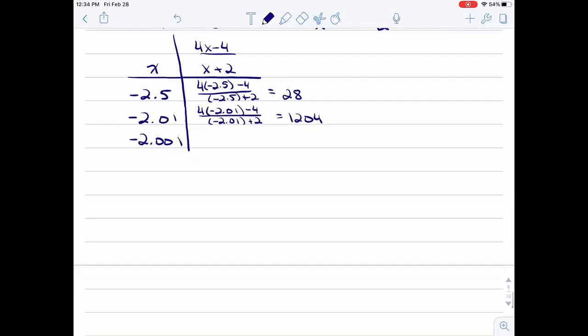So I've got 4 times negative 2.001 minus 4, over negative 2.001 plus 2.